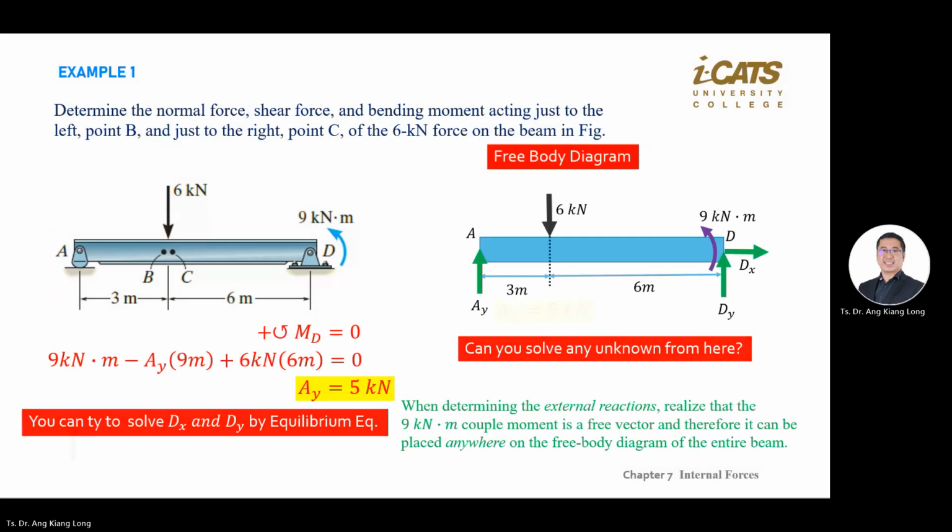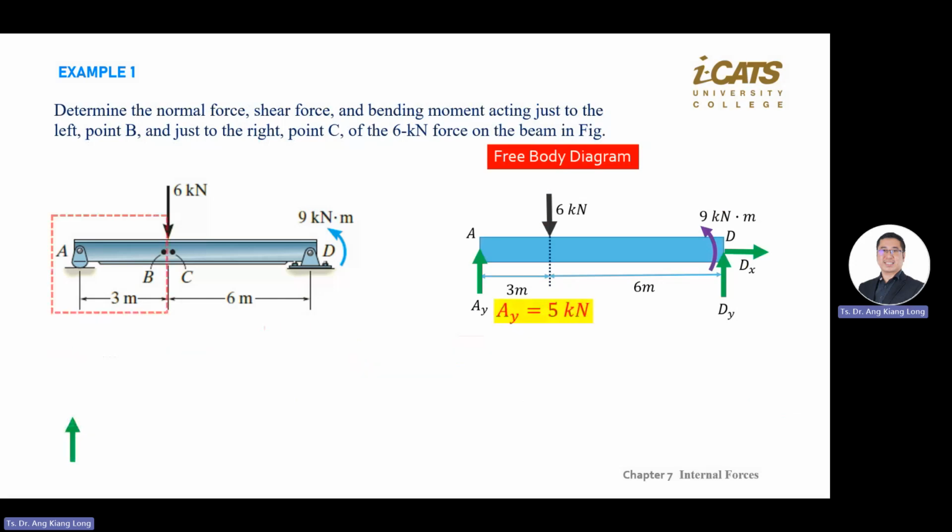Now we start to look at the left-hand side, because the question asks you to find the forces at point B. It is just a little bit to the left of the 6 kilonewton. So what you do, you draw a box, or no need to draw a box also, but when you solve, tell yourself you're actually solving for AB.